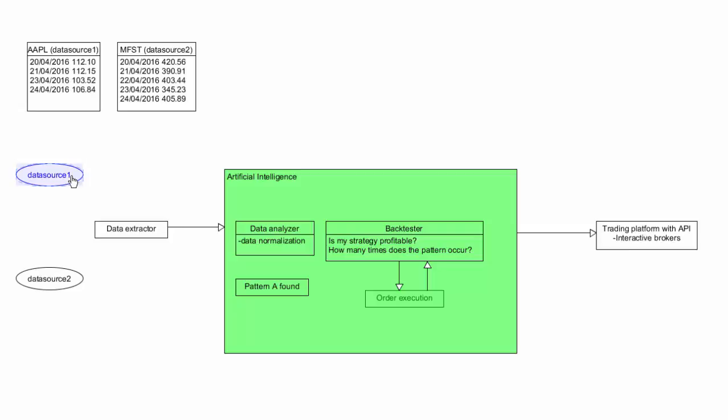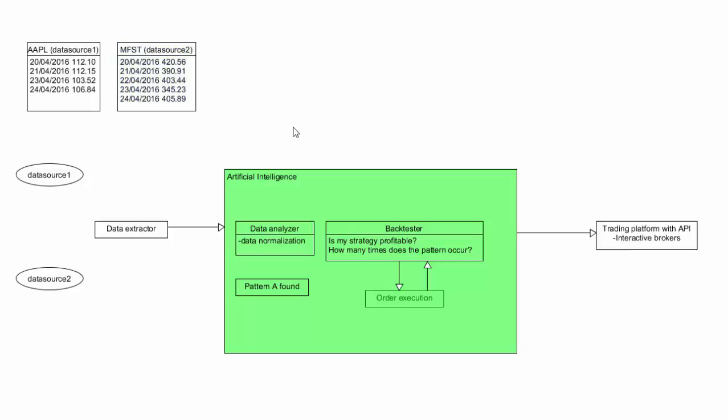An example of a data source could be a commercial API, or it could be a free API, for example the Java JQL API, by which you can extract stock data at a given point in time. In this example, we extracted some data for the stock prices of the Apple shares and some data for the stock prices of the Microsoft shares.